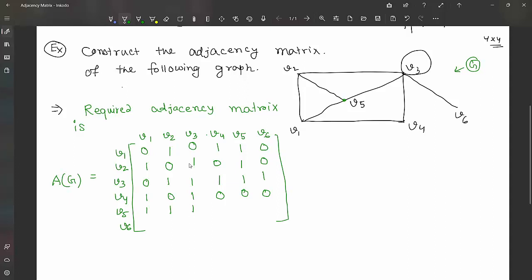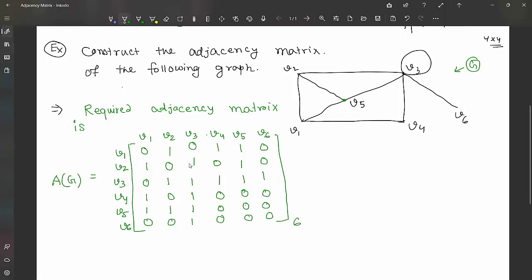V5 is not adjacent to V4, and not adjacent to V5 because there is no self loop. If there is a self loop, then we put 1, otherwise not. And then V6 is not adjacent to V5, so we put 0. Now V6 is only adjacent to V3, not with V1, not with V2, and not with V4, V5, and V6.